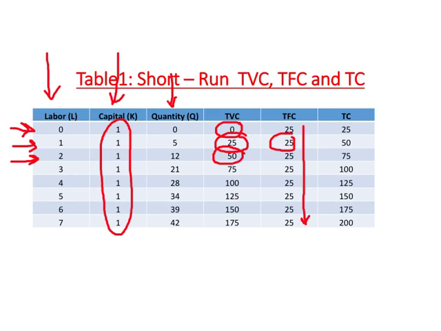Now look at the following. As we vary the number of workers, total variable cost changes, and the firm produces different quantities of output.